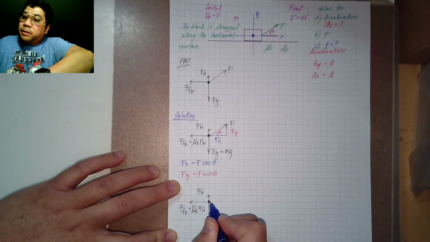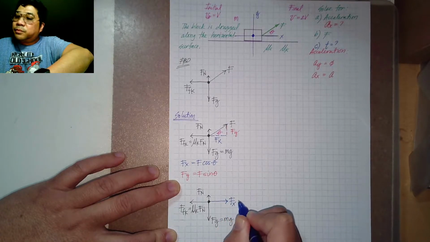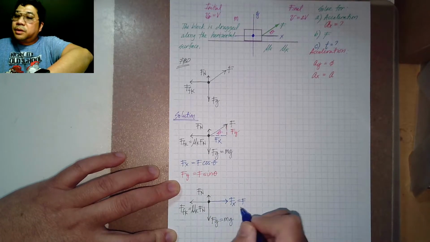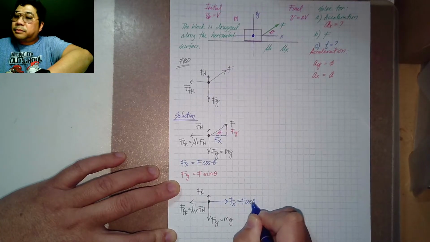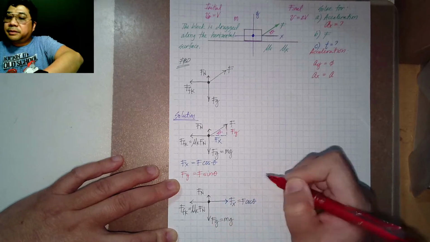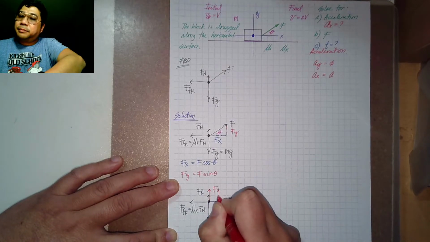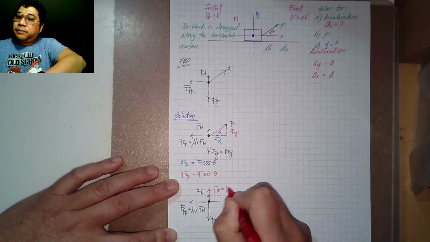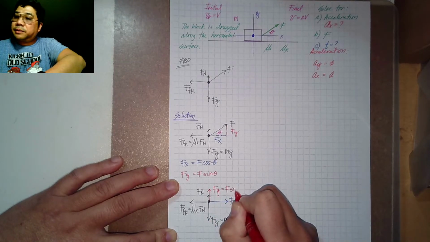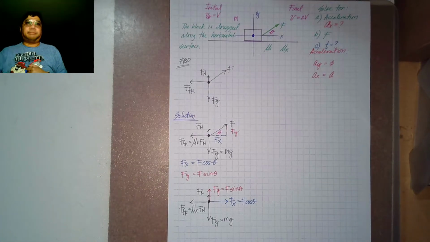So now we have our F of x, which is F cosine theta. Then we have F of y, which is F sine theta.